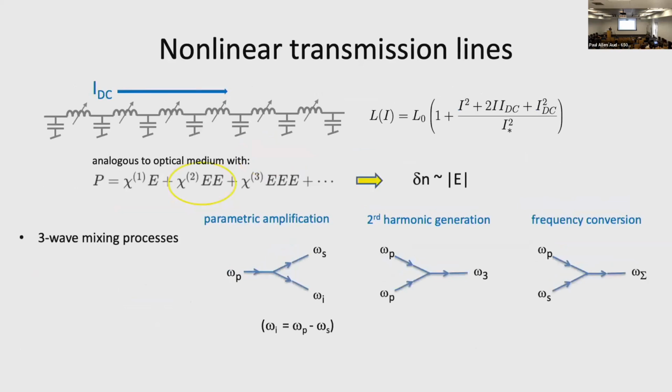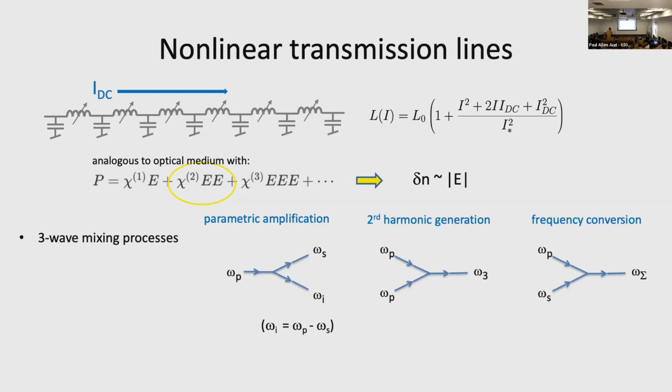Let's see. Oh, I just wanted to mention that these nonlinear transmission lines are actually very versatile nonlinear media. So we can also use them as three-wave mixing nonlinear media by injecting a DC current through them, in addition to the other tones that we put through.